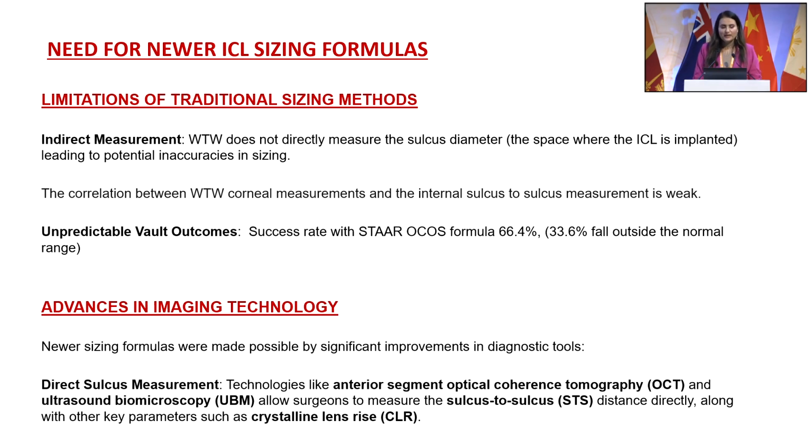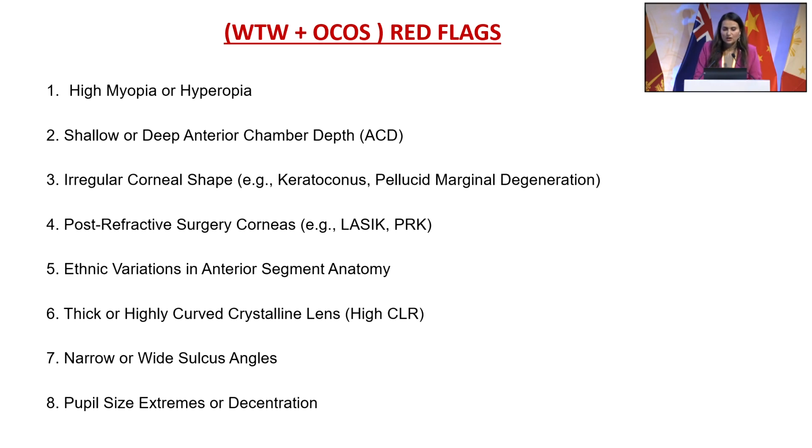Now we can measure direct sulcus measurements through anterior segment OCTs and UBM, and we also have some new parameters such as the crystalline lens rise. When you use only the white to white with the OCOS formula, there could be some eyes where you could have red flags. You should be very careful in these eyes about selecting the size. These are extremes of the refractive errors, high myopia, high hyperopia.